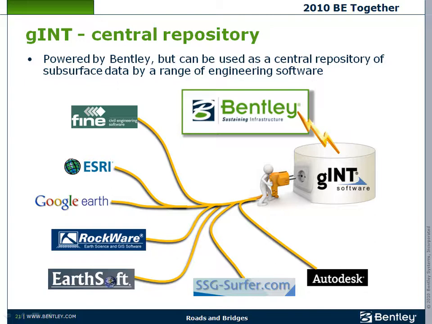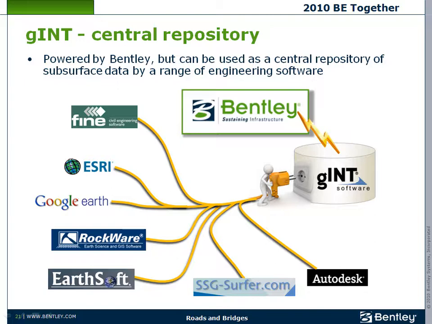Next, we can see Esri, a very important player in the GIS market. There is gINT for ArcGIS, a tool that one can use inside of ArcMap to directly connect to a gINT database and retrieve all relevant data to show locations of boreholes, of soil samples taken in the field, of pictures taken in the field, and so forth.